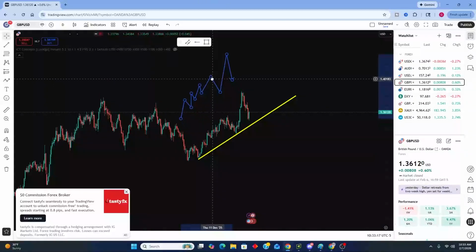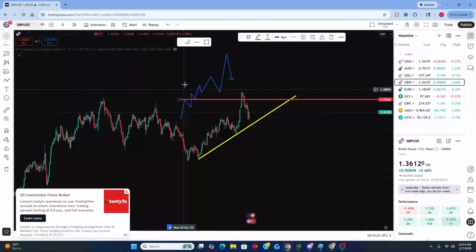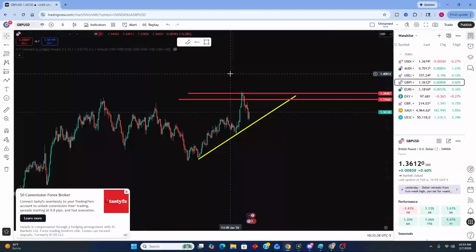Now, is this not a typical higher high, higher low situation? Right? As you can see. So with that being said, our current structure is what? Up.